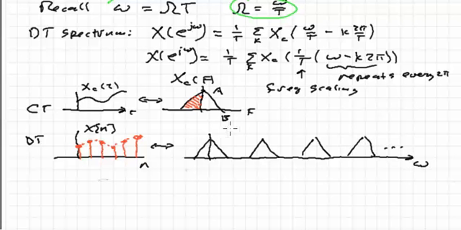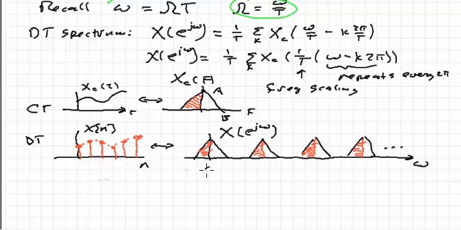Ω, little omega, is the frequency variable. And it's going to look like that. These are just replicas of this, but they're scaled by amplitude and frequency. We still have the complex conjugate property, so these are all just copies of each other, but moved out to a different frequency.